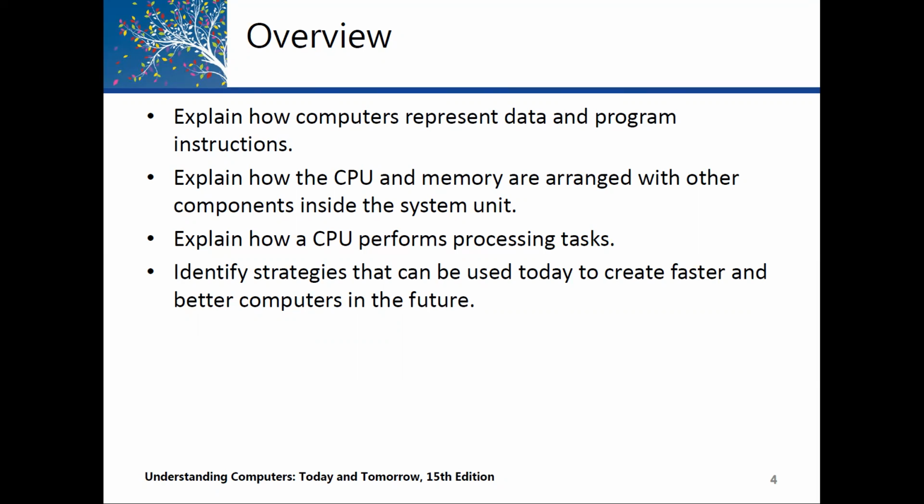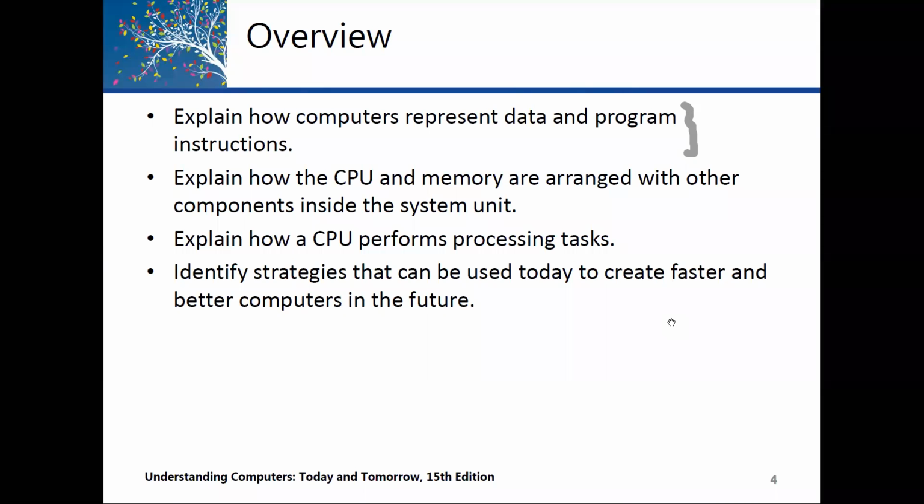We'll also see how a CPU performs processing tasks, and then identify strategies that can be used today to create faster and better computers in the future, right? So in this lecture, I'm focusing on the first objective, that is, explaining how computers represent data and program instructions, right?